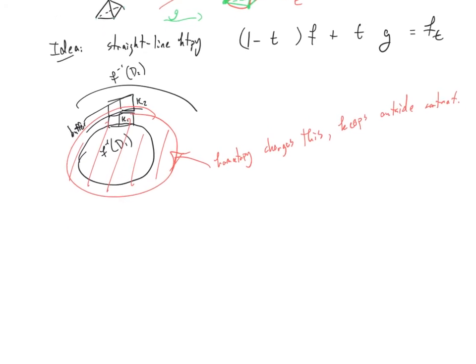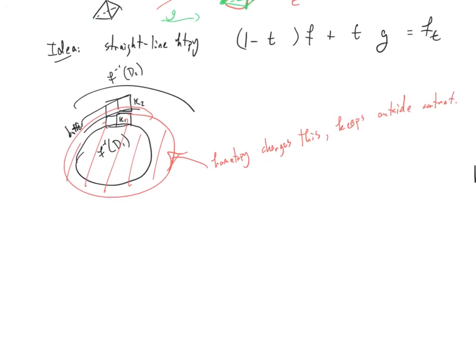Okay, so what we need though is a bump function, but we can now define that. So let phi be defined on K2, and it's going to map to [0, 1]. And I want phi to be 1 on F inverse D1. So it should be 1 on K1, so everything inside of K1.